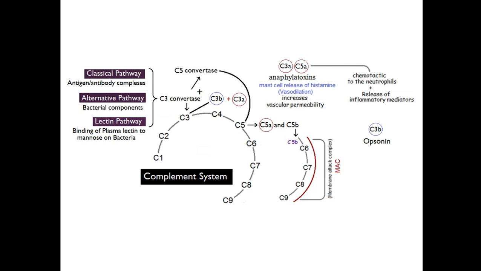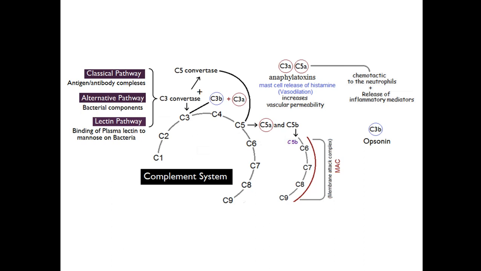Here we can see that the components of the complement system, particularly the C3A and C5A, are strong anaphylatoxins, and they act just like in type 1 hypersensitivity reactions, also known as the anaphylactic reaction, in which the antigen-antibody complexes, particularly immunoglobulin E, cause breakdown of the mast cells.